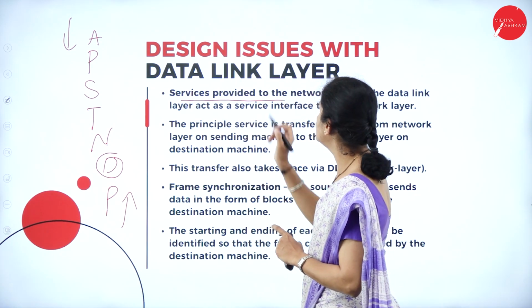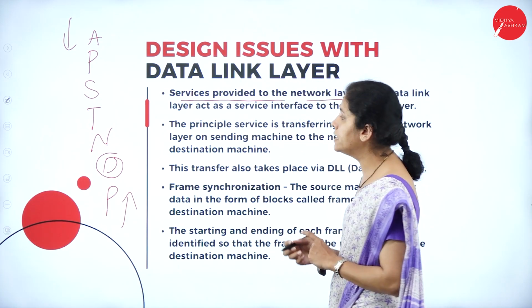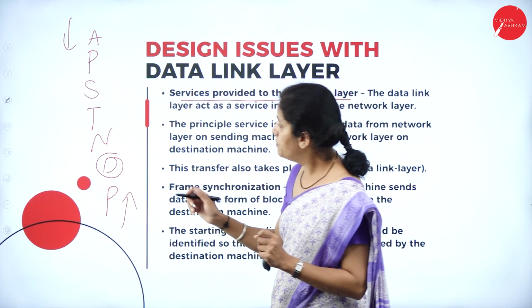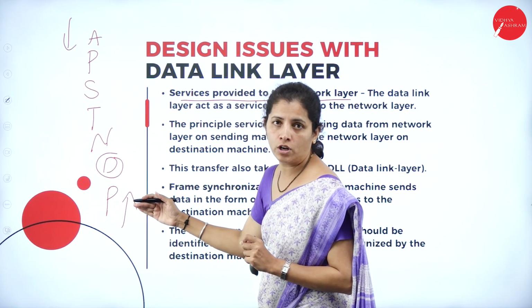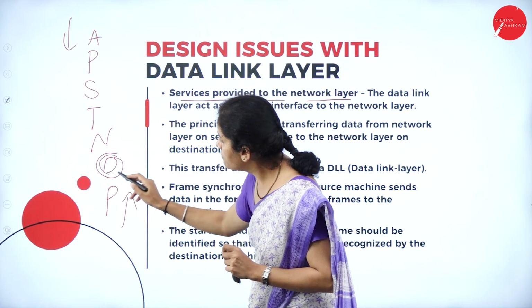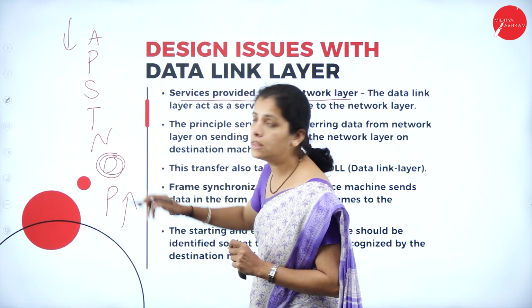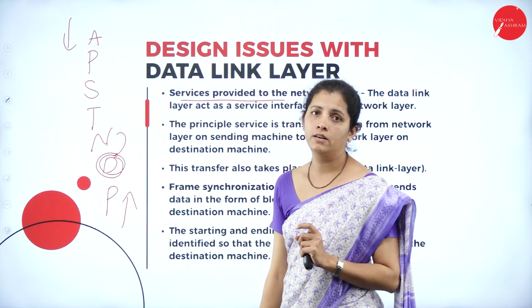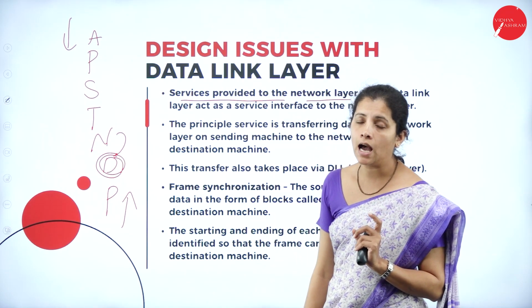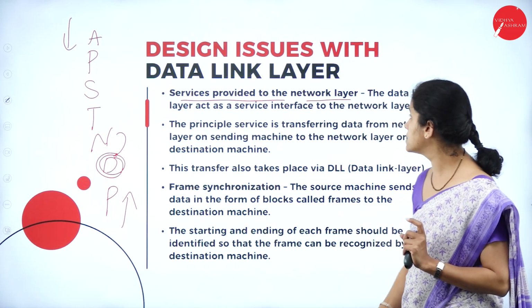Now, providing service to the network layer is very difficult, because if I consider from the bottom, I'm going to have the data link layer, and this layer provides the services to the network layer. So it is a tedious or difficult task.